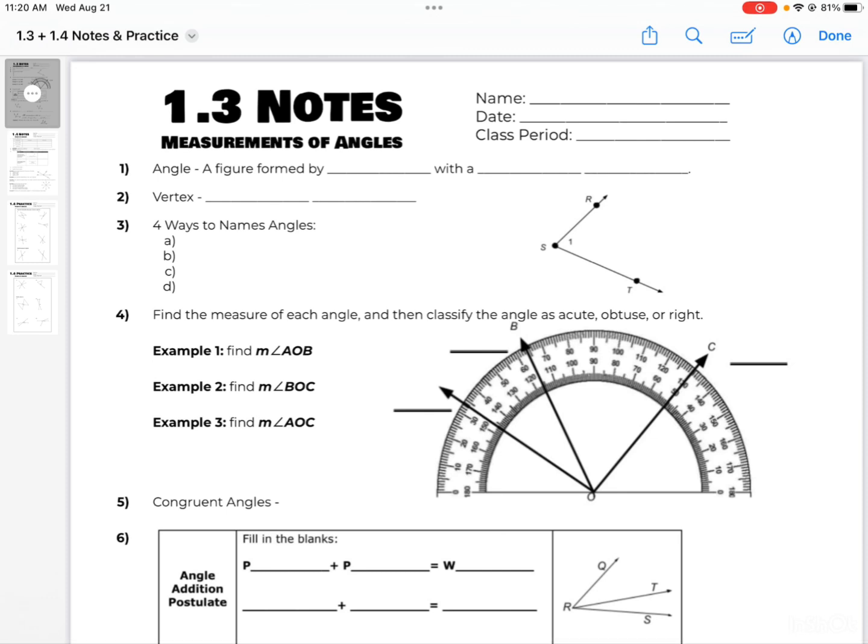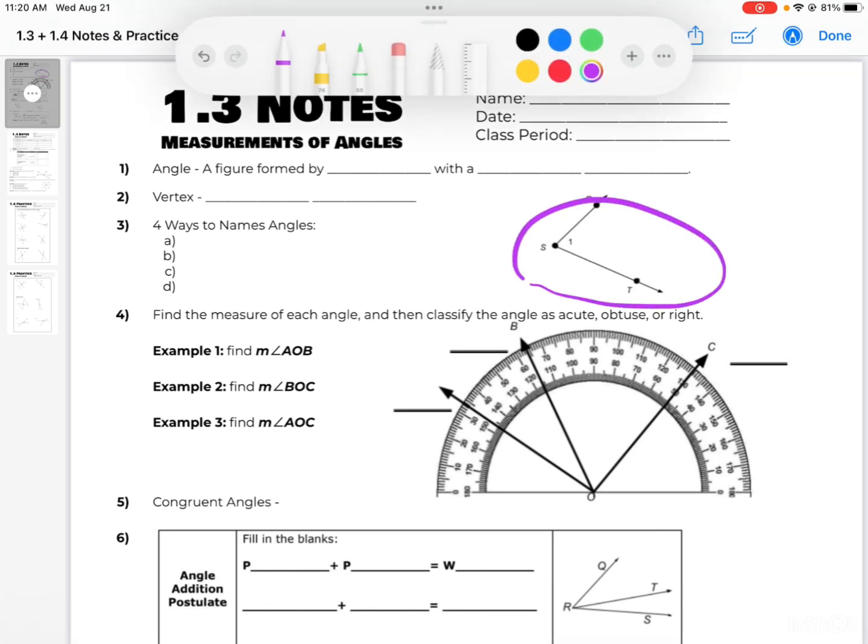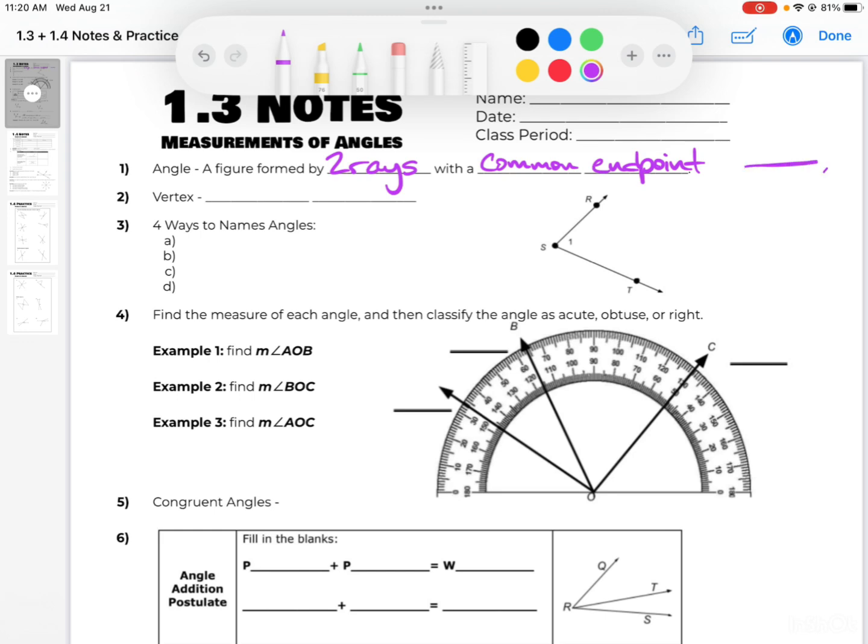So just to jump right in, we need to talk about what angles are. And angles, like you see in the picture right here, are a figure formed by 2 rays with a common endpoint. If you remember, rays are, for instance, like this is ray RS and it's ray ST. All right, I actually wrote that backwards.